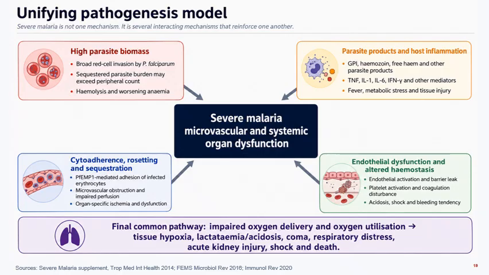First, high parasite biomass produces hemolysis, antigen load, and metabolic stress. Second, parasite products provoke host inflammation. Third, cytoadherence, rosetting, and sequestration obstruct the microvasculature. Fourth, endothelial activation and altered hemostasis produce leak, impaired perfusion, and coagulation disturbance.